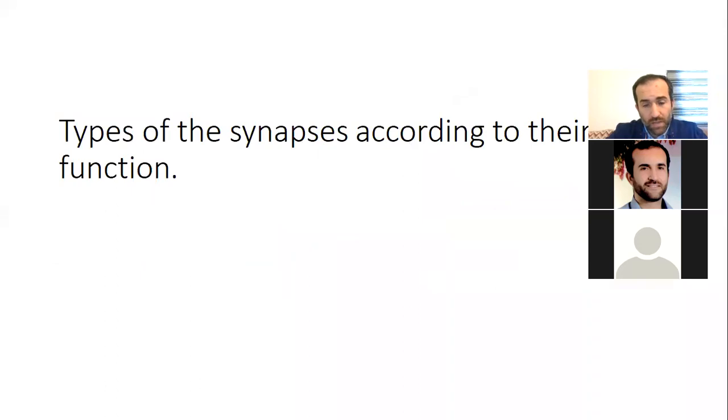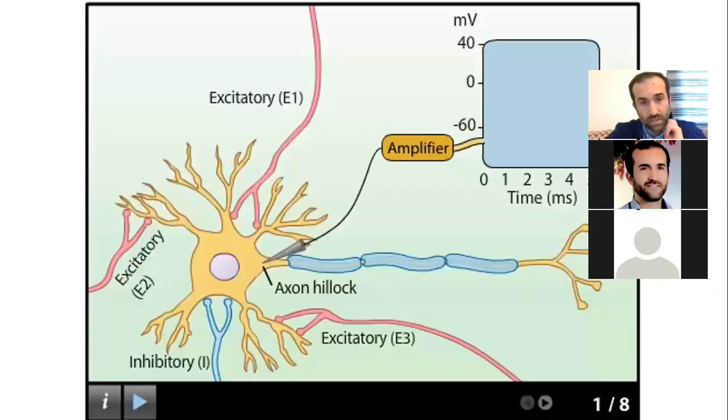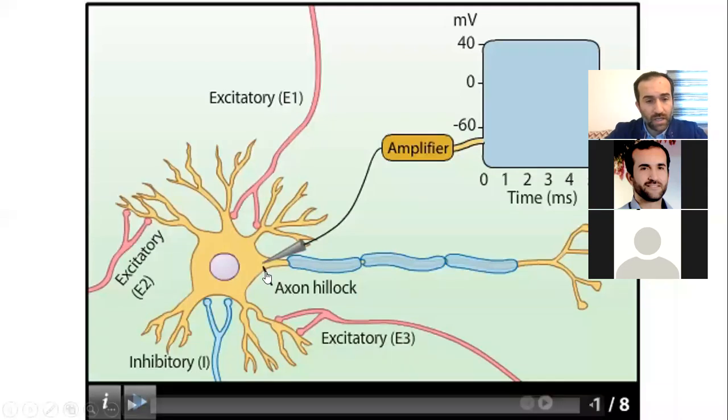Now, we have to know what are the types of the synapses, and I'm also reviewing now the types of the synapses. If you want to make a very deep review of these concepts, you have to refer to the video 5.1 on the same channel. We said that we have two types of synapses.